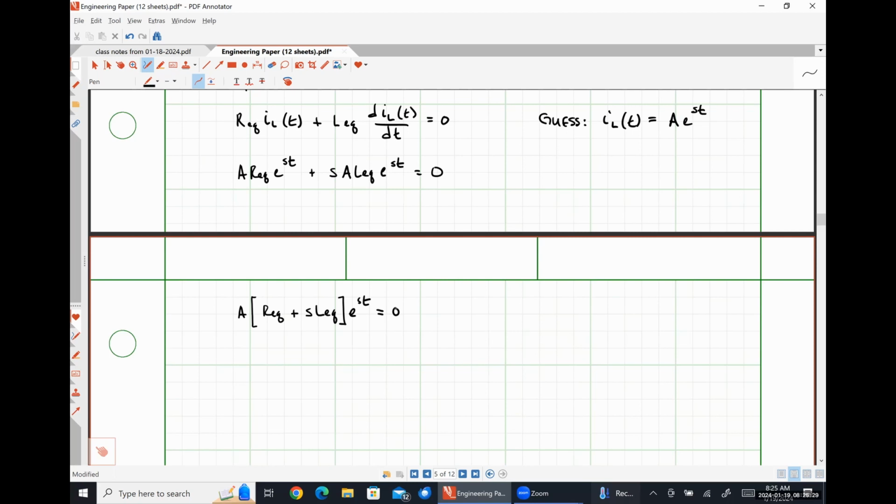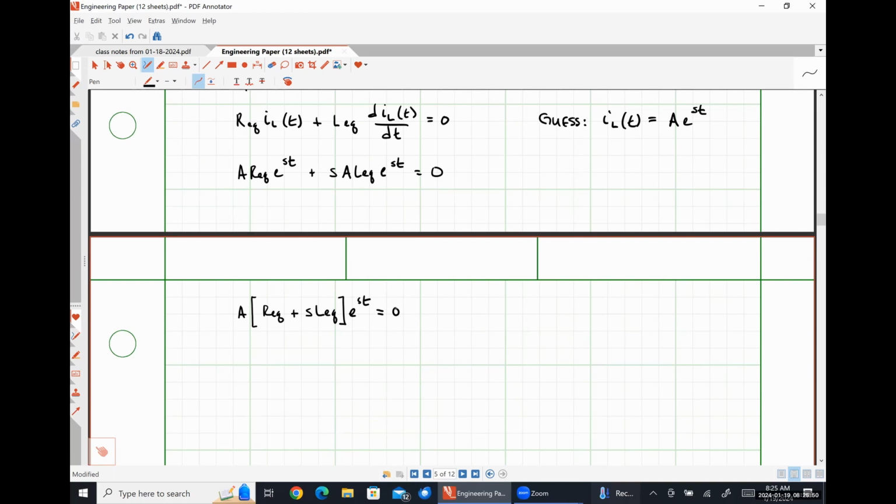So hopefully, very obviously, if A were equal to 0, this whole thing is 0. That is a solution, but it is a trivial solution, and effectively it's the solution for if our inductor never had any energy stored in it at all at any point in time.